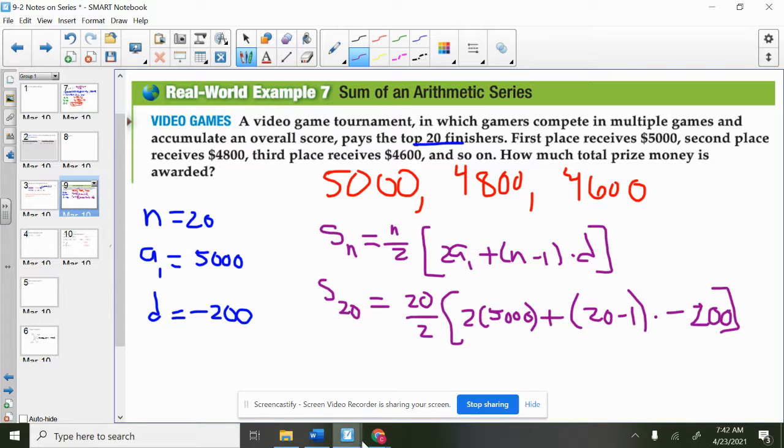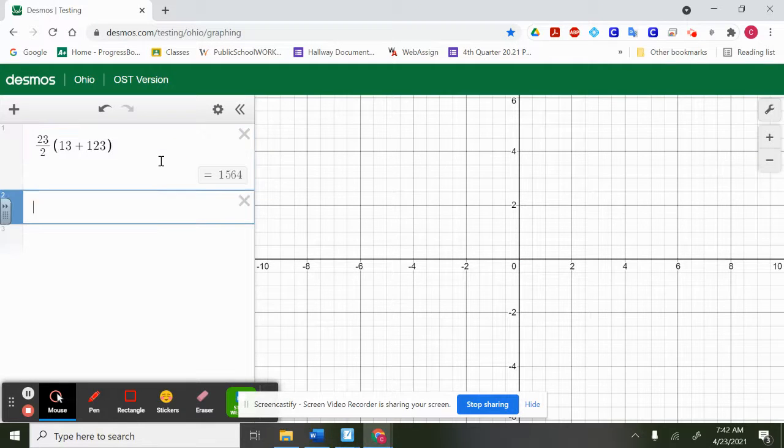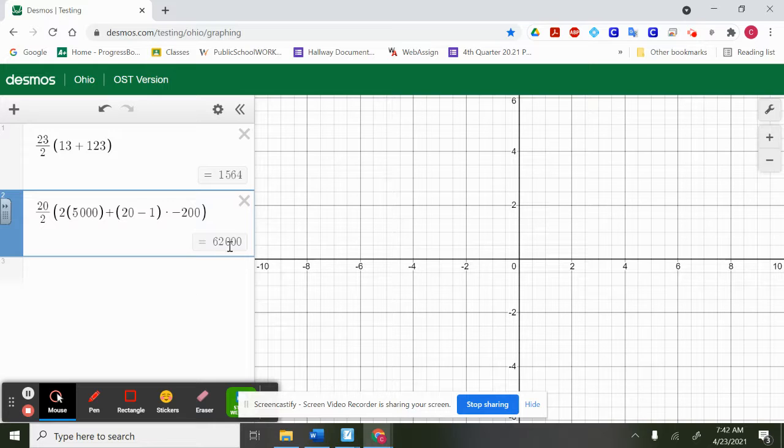I'm going to take that and plug it into my Desmos. We already know this is going to be 10. Then I'm going to do 2 times 5,000, plus 20 minus 1, which of course is 19, times the negative 200, and you get 62,000.